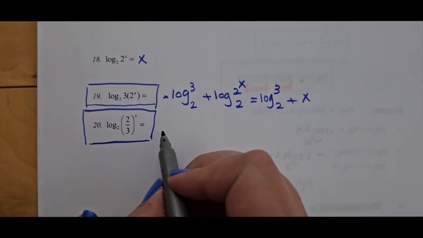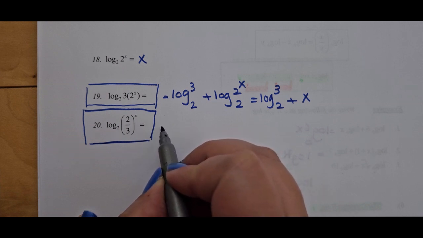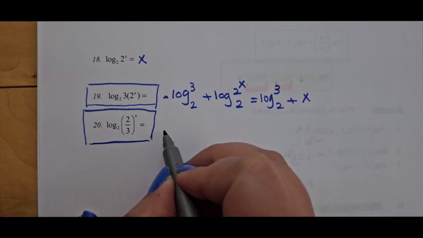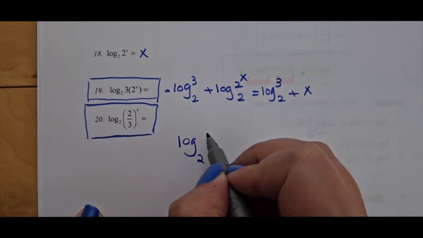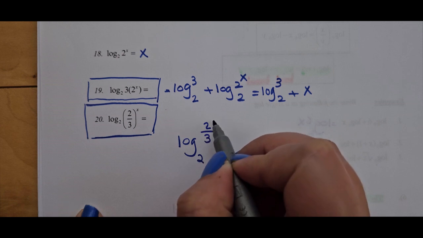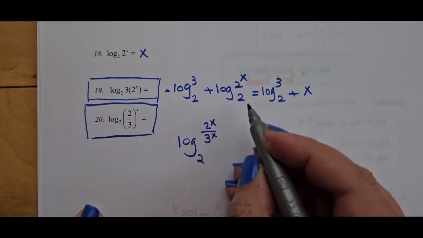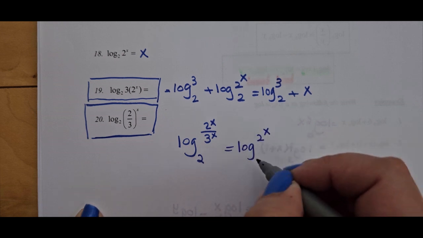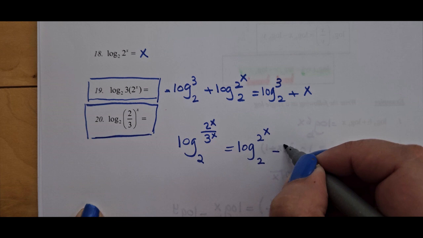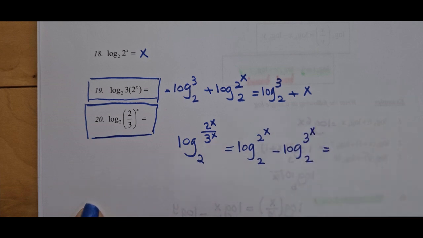Now, next question here. So let me write it like this. Log base 2. So here I write it like this because the x belongs to both of them, right? So first of all, I use the quotient rule, log 2 to the power x base 2 minus log 3 to the power x, right?